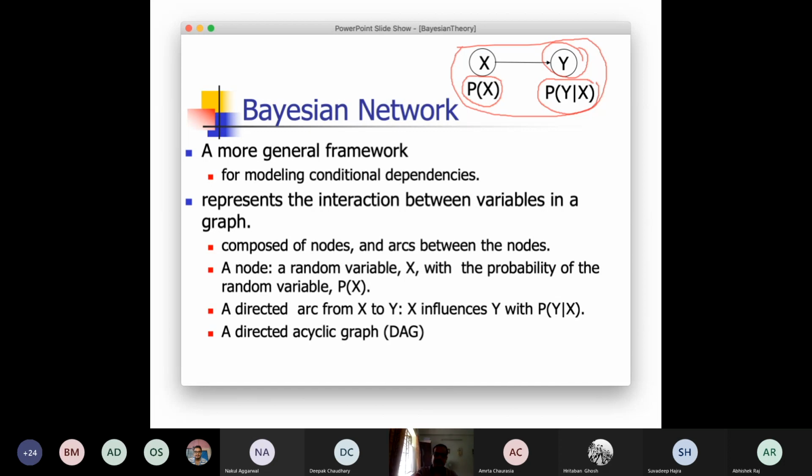And this is also a directed acyclic graph because there should not be any loop. Once you describe the dependencies of probability of Y given X, there is no need to describe the opposite dependencies also.